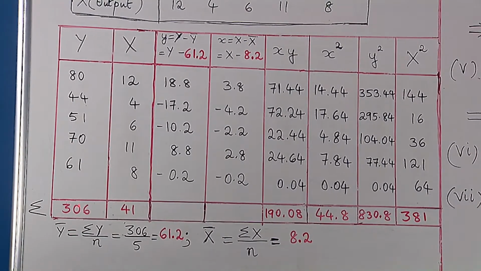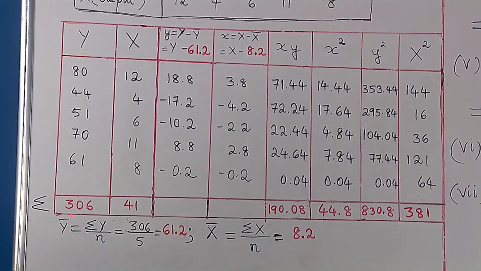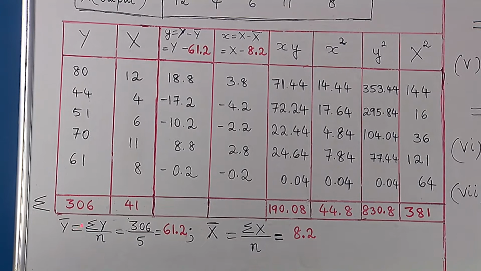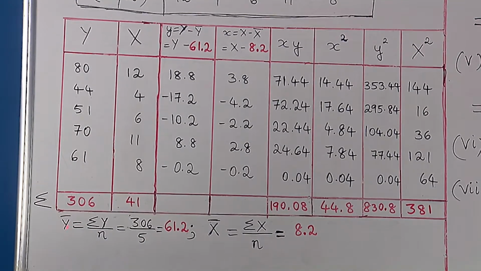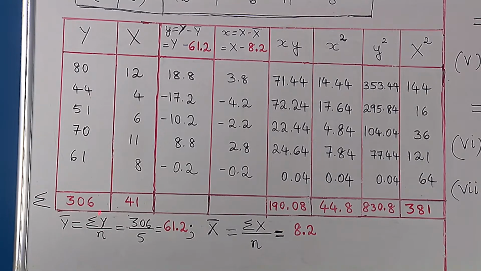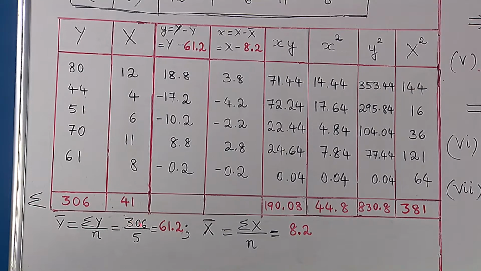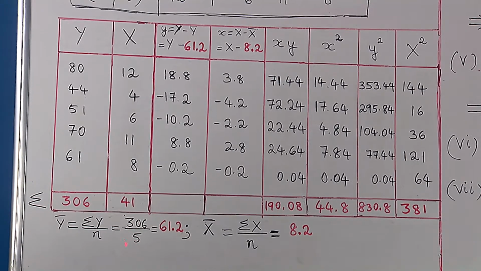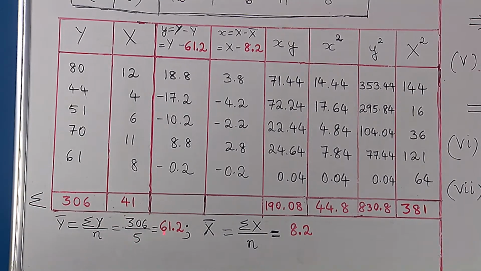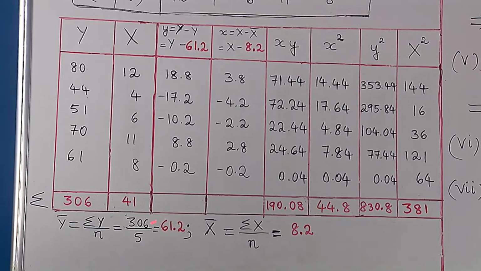From this value we can calculate the mean or the average of y, which is y bar equal to sigma y by n. Here the computed total y is 306. So, 306 divided by the total number of data, 5, gives us the answer 61.2, which is the mean of y.